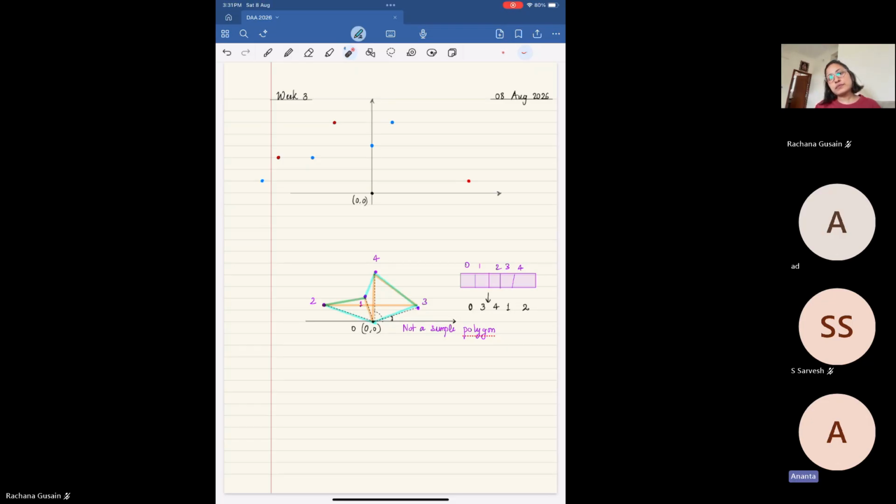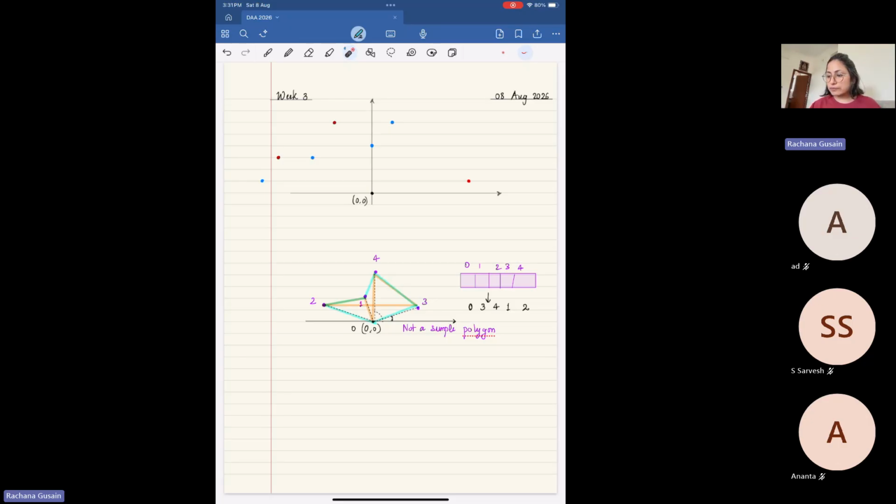Ma'am, just because we chose the angles sorting in increasing order, that is why this polygon is simple. Yes. Initially it really depends on the ordering. For instance, the ordering that I took, 1, 2, 3, and 4, that actually gave us a non-simple polygon. But is it possible that some other ordering can also give us a simple polygon?